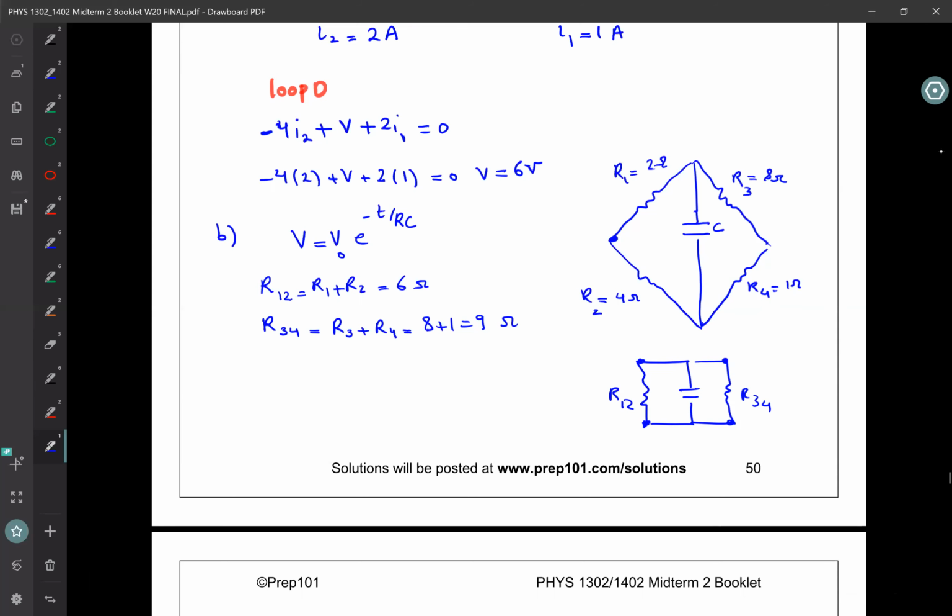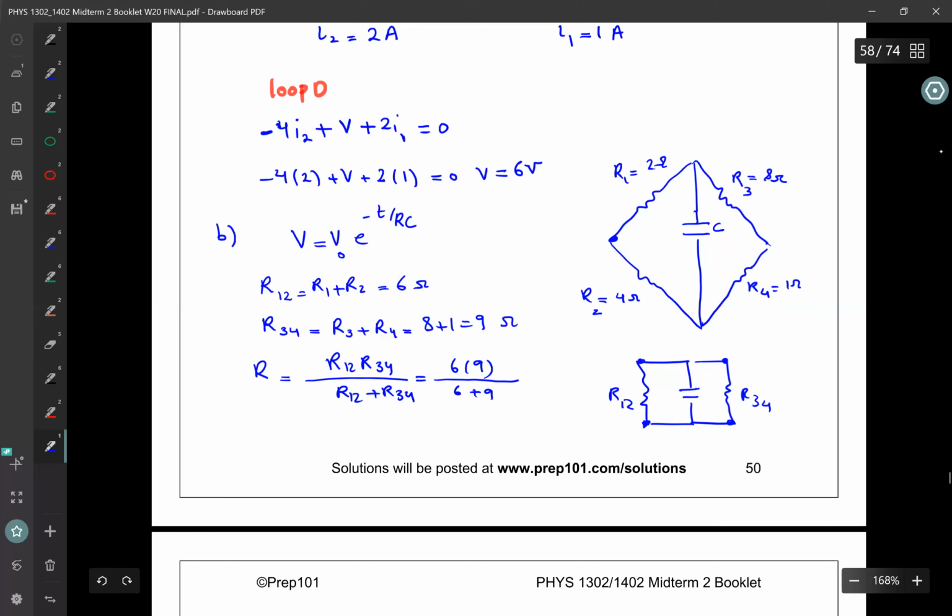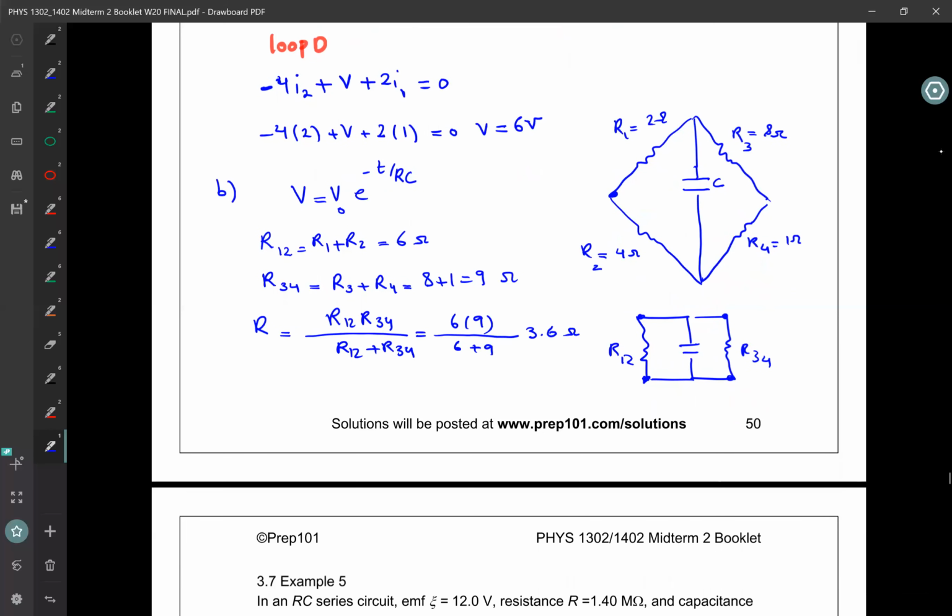Now I need to combine R12 with R34. Because they are in parallel, I have to use this formula. R equivalent, this is the shortcut formula that I like to use, is R12 times R34 divided by R12 plus R34, equals 6 times 9 over 6 plus 9. That will give me 3.6 ohm.